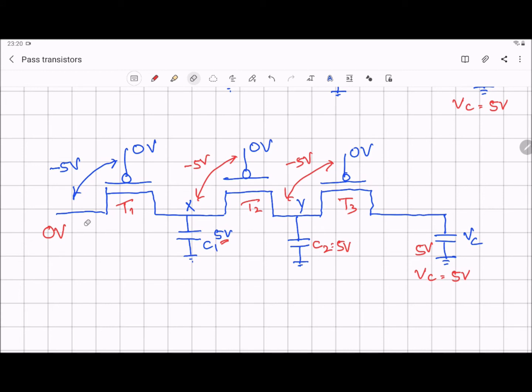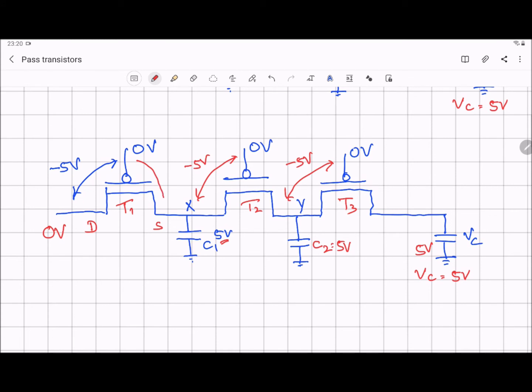Now the 0 volt terminal is going to act as a drain terminal for transistor T1, and the other terminal is going to act as a source which is connected with the capacitor C1 where we have stored 5 volt.